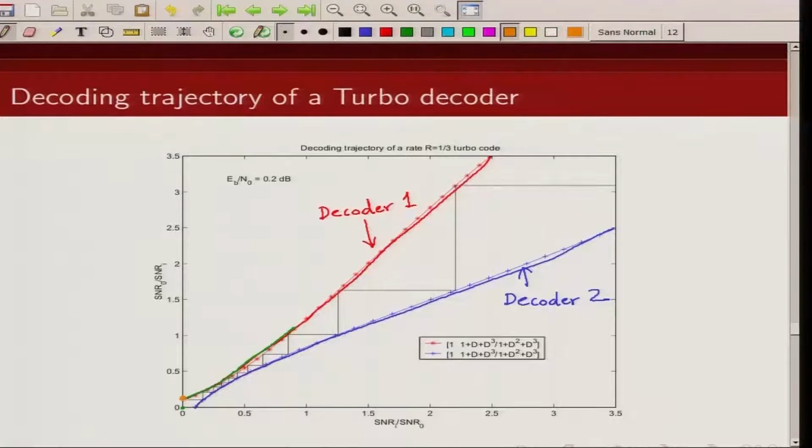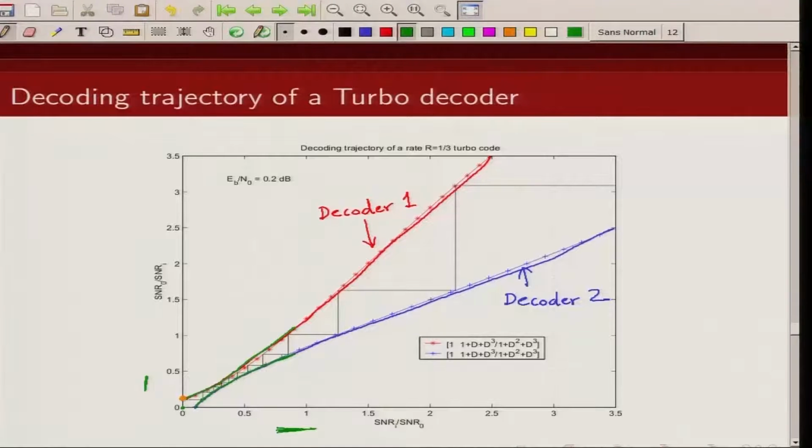This is my extrinsic SNR corresponding to 0 input. Now, note that this extrinsic information from decoder 1 is going to be the a priori information for decoder 2. So we look at this curve, the transfer characteristics of decoder 2. For decoder 2, this side is input and this side is output. We look here and look horizontally.